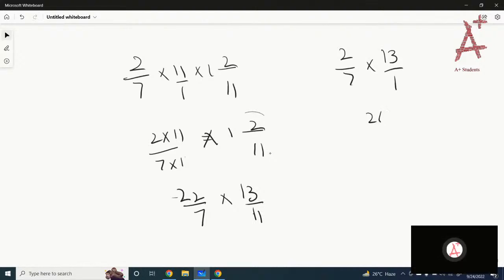So 13 times 2 is 26 and it's 26 by 7. So just divide 26 by 7. 7 times 3 is 21. Here you have a 5. So it would be 3 whole 5 over 7. That would be the first option. Got it? Select the correct option and click on the OK button.